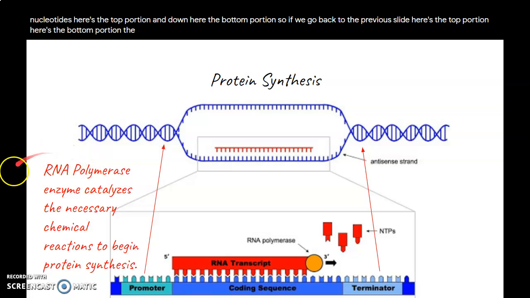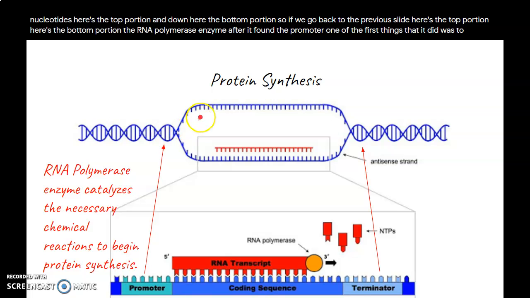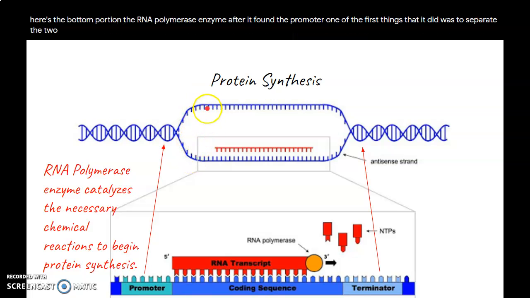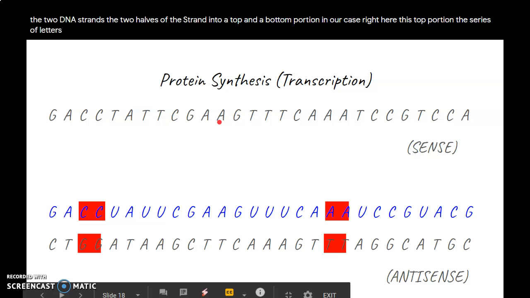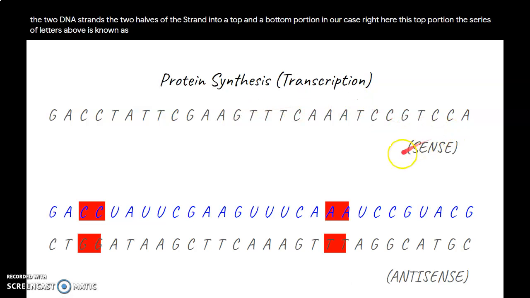The RNA polymerase enzyme, after it found the promoter, one of the first things that it did was to separate the two DNA strands, the two halves of the strand, into a top and a bottom portion. In our case right here, this top portion, the series of letters above, is known as the sense strand. And it's those letters that, frankly, are not important to us.